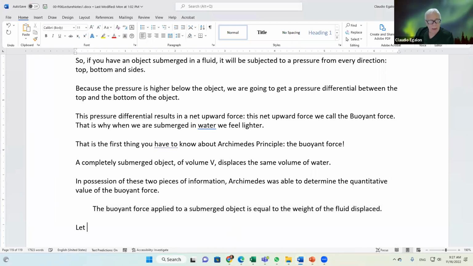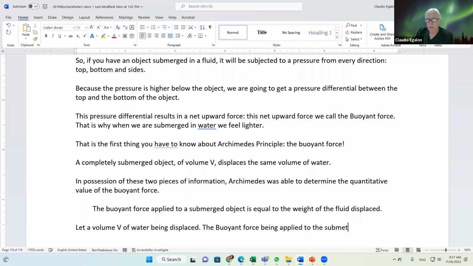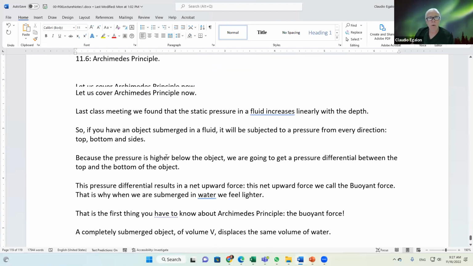Okay, so here you go. Let a volume V of water be displaced. The buoyant force being applied to the submerged object is going to be given by the following formula.